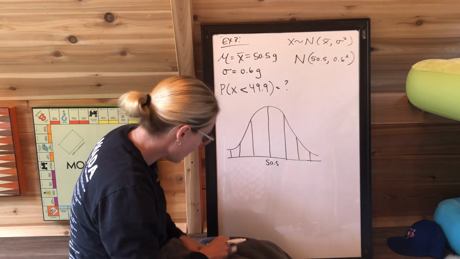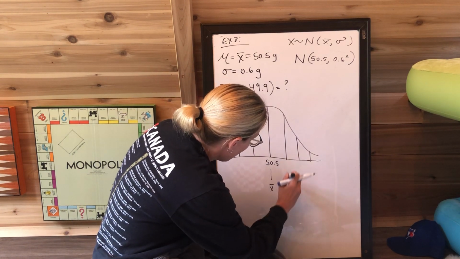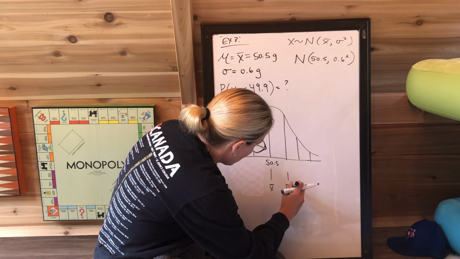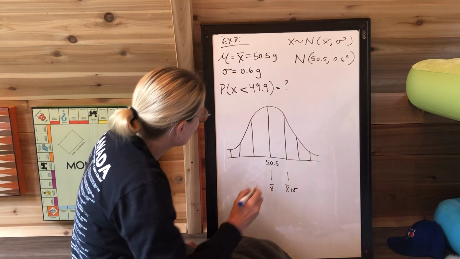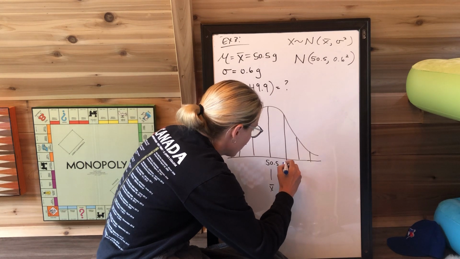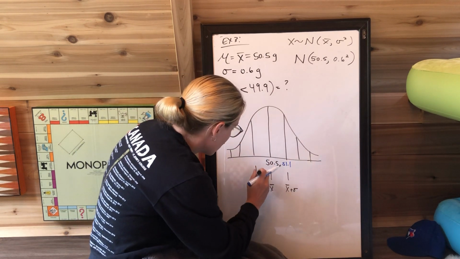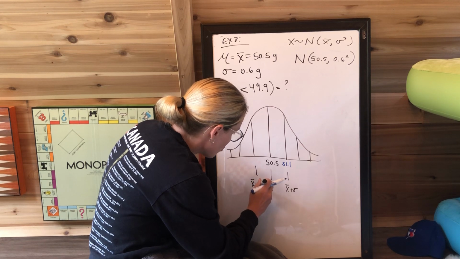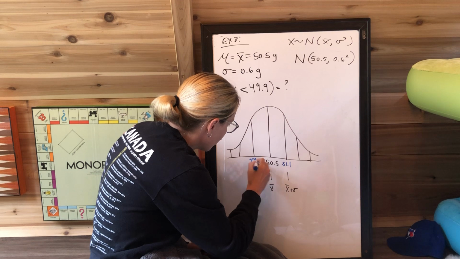So this is the mean, X bar. The next one is X bar plus sigma. So I take my 50.5 and I add 0.6. Now I get 51.1. On the other side, I take my X bar and I subtract 0.6, so I get 49.9.